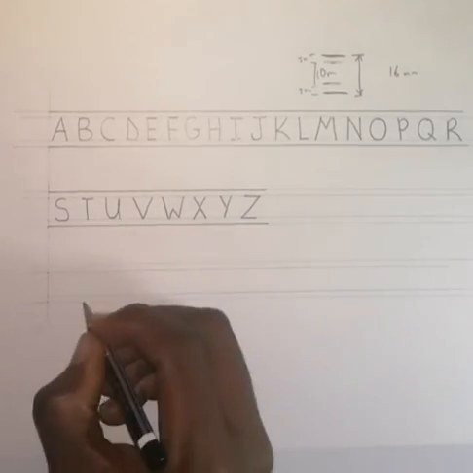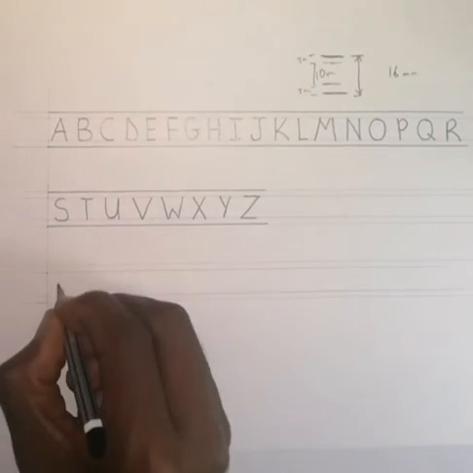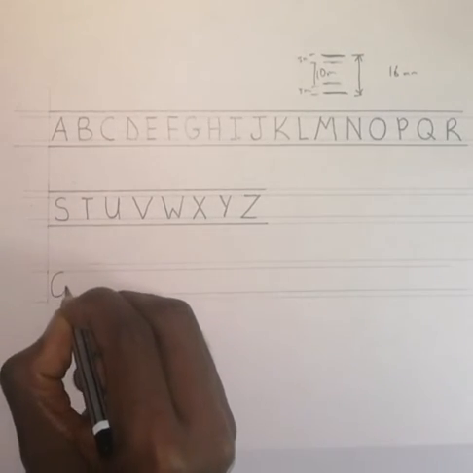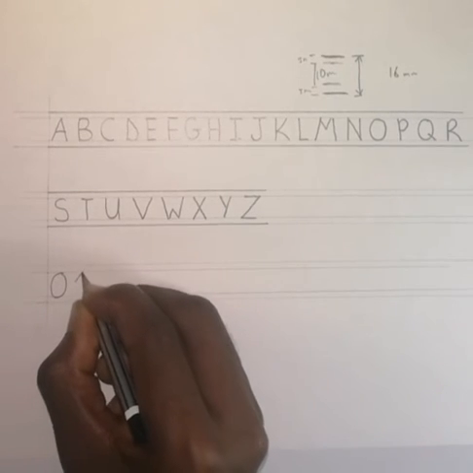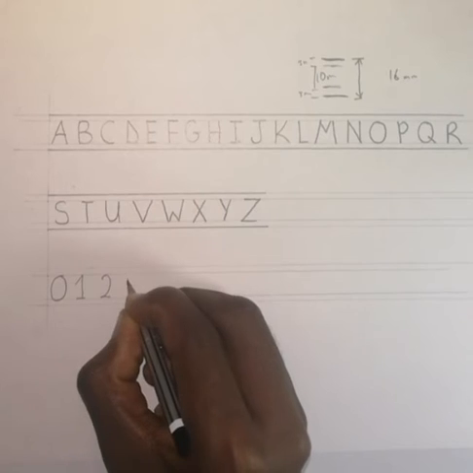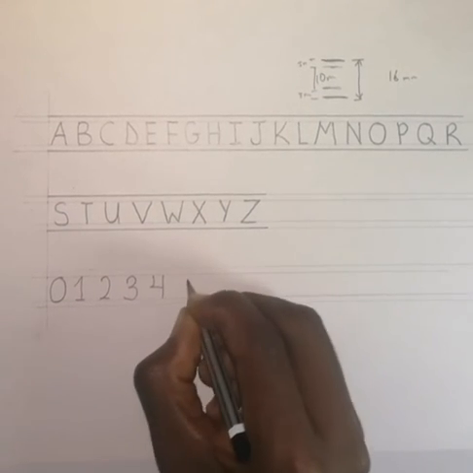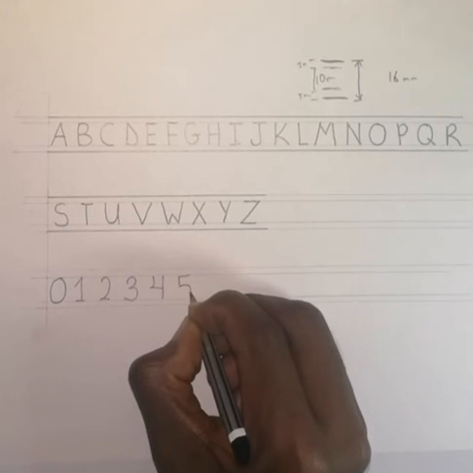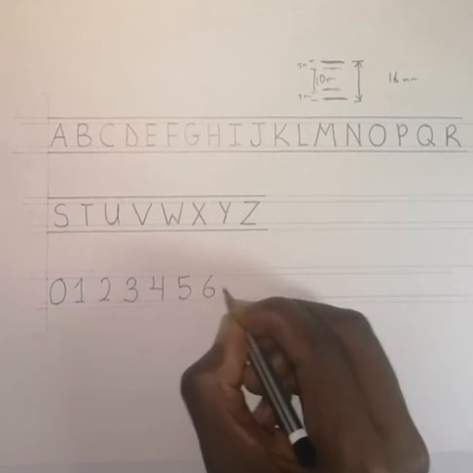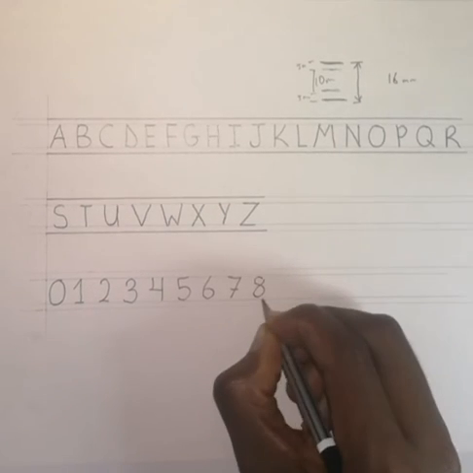You can start 0, end at 9. You can start 1, end at 0. So you go 1 to 9, then you add 0. So I will start with 0, 1, 2, 3, 4, 5, 6, 7, 8.